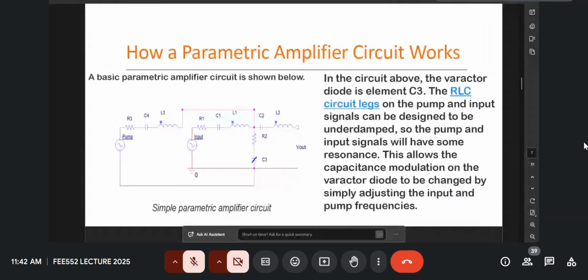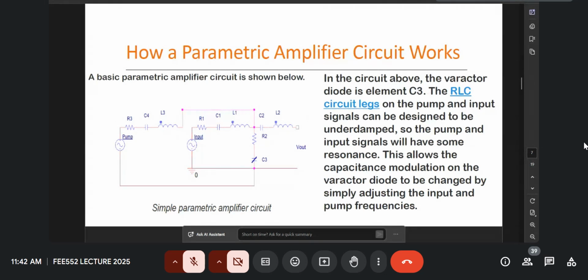Okay, so we are using the varactor diode because we want to make use of its capacitive-voltage relation. Remember, we are using the inputs, the pump signal and the input signal, to modulate the capacitive parameter of our circuit.